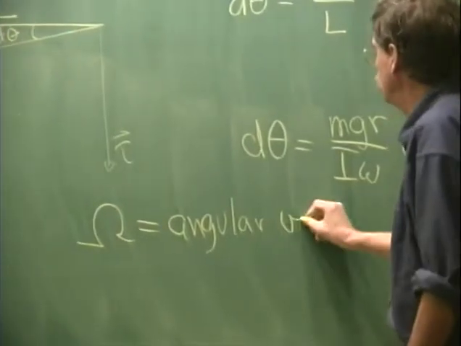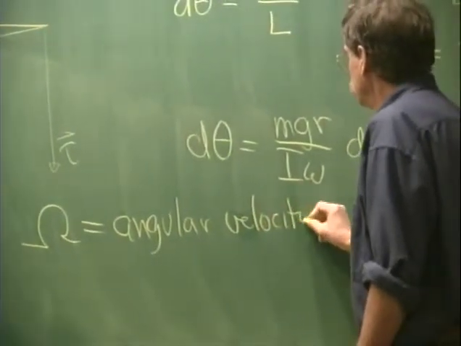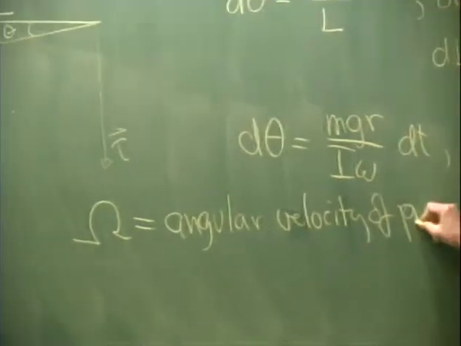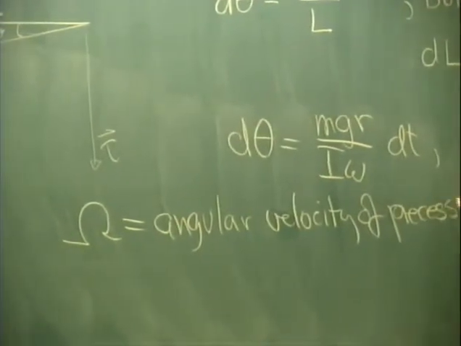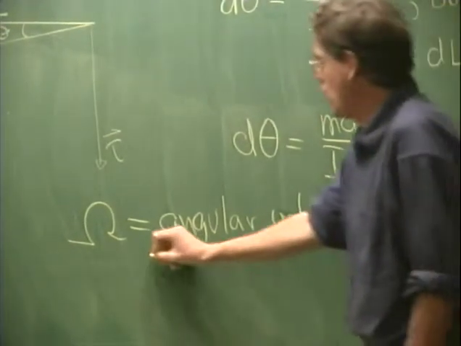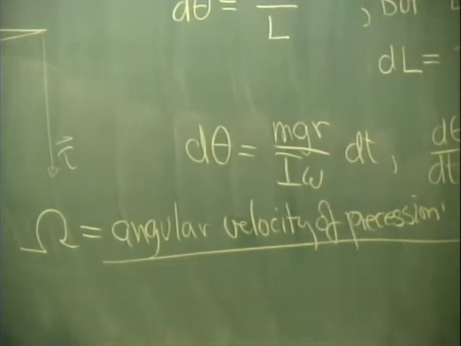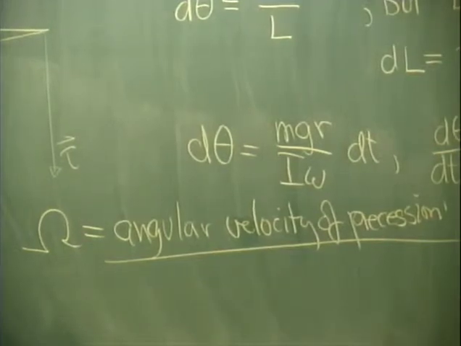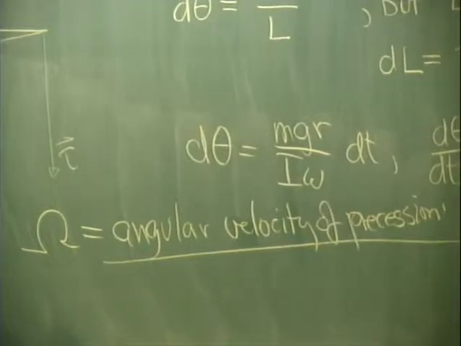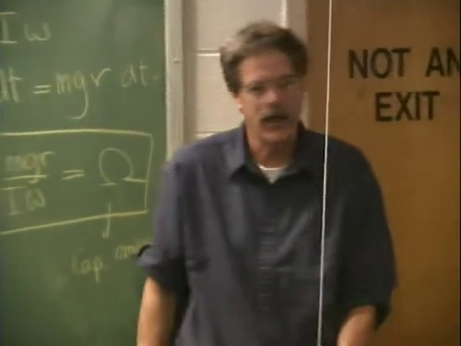So, angular velocity. Well, I can calculate the angular velocity of precession, but it still doesn't satisfy me. Why does this system work? Why does it defy gravity like that? Instead of flopping down, it rotates around.